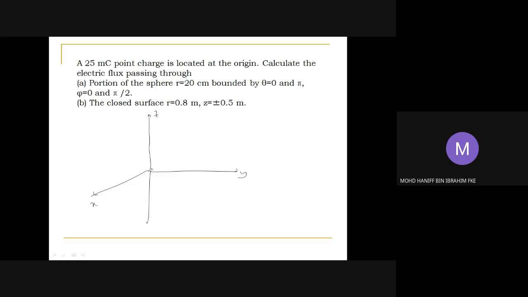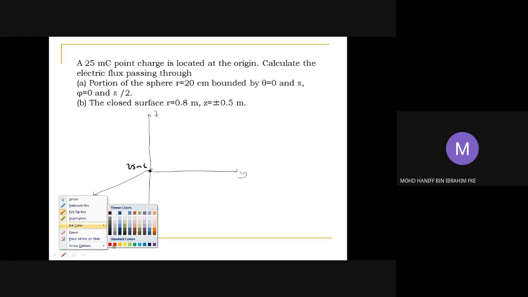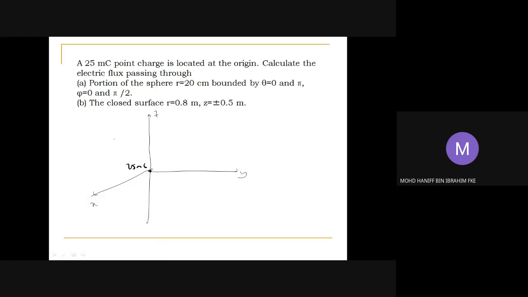So the charge remains at the origin, 25 millicoulomb magnitude. That should be the amount of charge, located at the origin. Let us sketch the cylindrical surface. So that's how your structure should look.